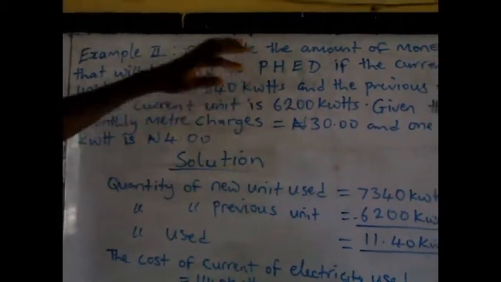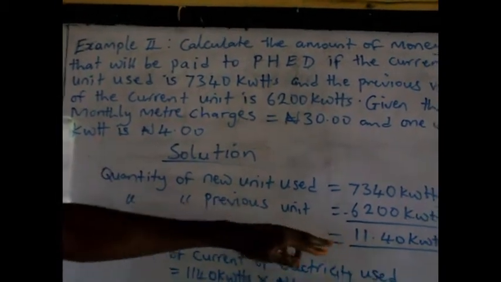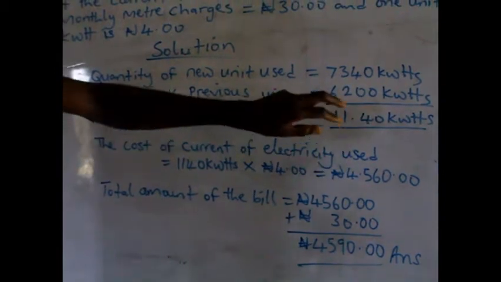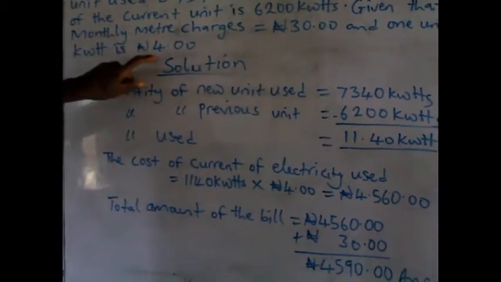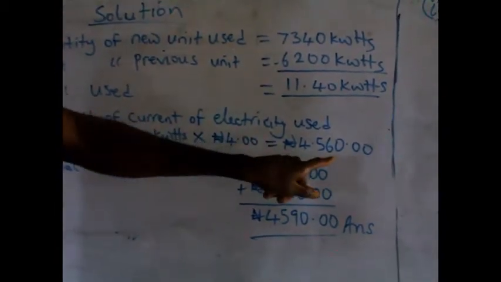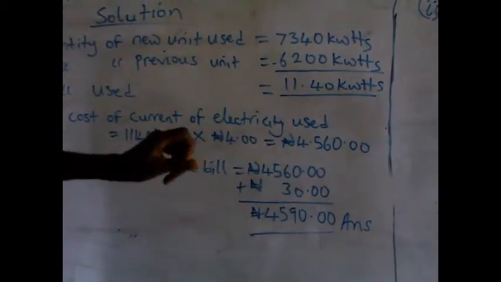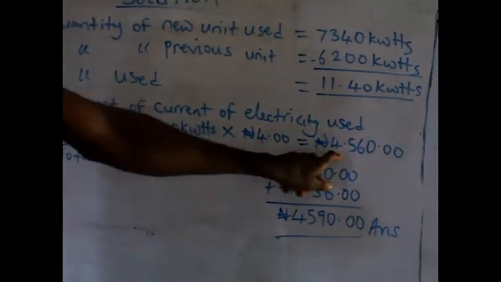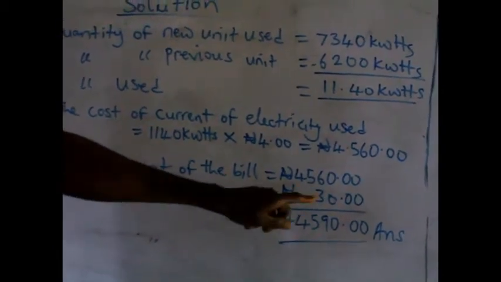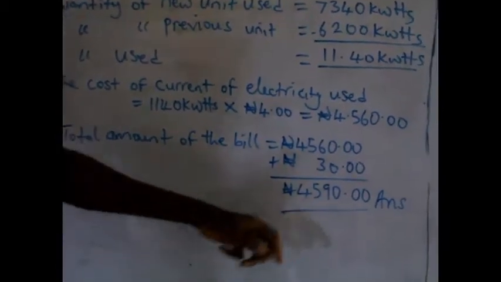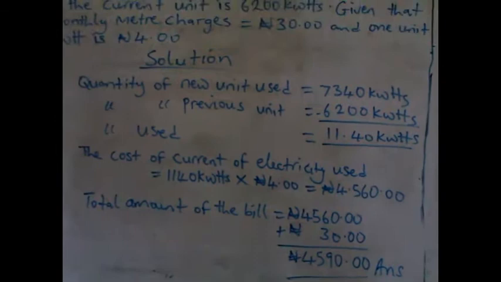So when you subtract this from this, you have 11.4. You multiply 11.4 by 4 naira, and you have this amount. You add that to the money charged for the meter, and you have this. This happens to be your billing.